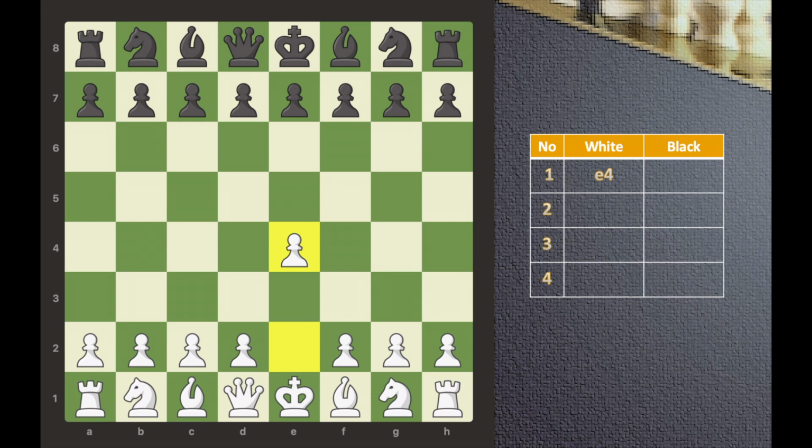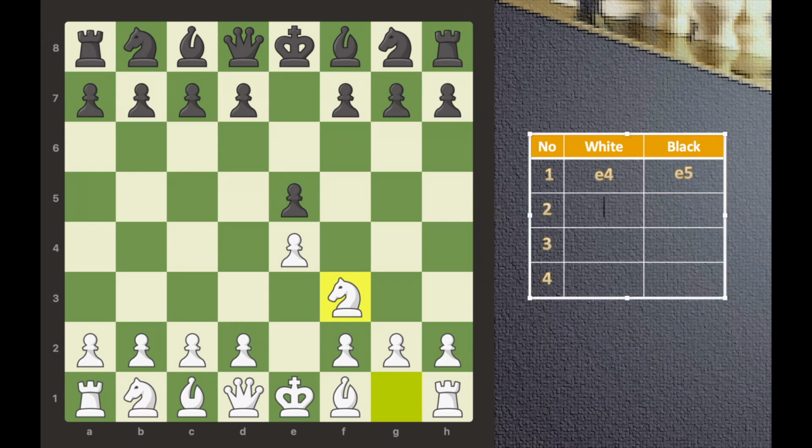Now let's make the first move for black. The black pawn moves to the square e5, so we can write e5. The next move that white plays is knight to f3, and it's written as Nf3. Next, let's say black moves the knight to c6, so it's Nc6.